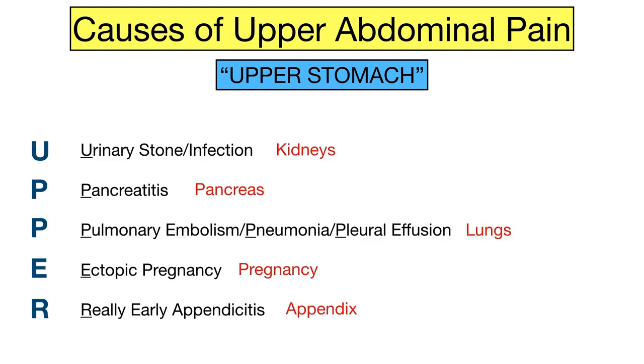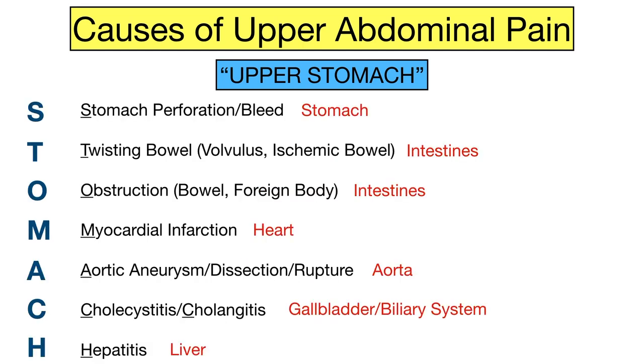Now here's the cool part. By using the mnemonic, you may not have realized that it gets you thinking about a lot of the main organ systems that are pertinent to upper abdominal pain. We can see in the word upper that we're including the kidneys and urinary system, the pancreas, the lungs. It also makes you consider pregnancy, and it also helps you think of the appendix. And we can see the word stomach covers the stomach, intestines, heart, aorta, gallbladder along with the biliary system, and the liver.